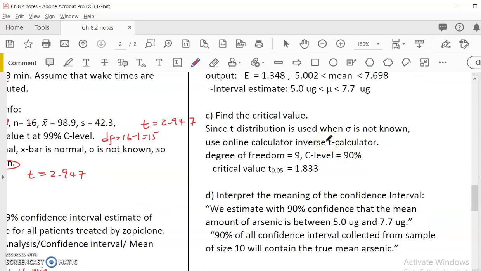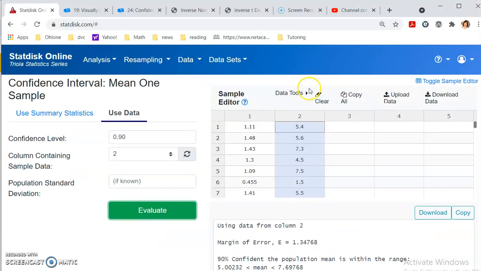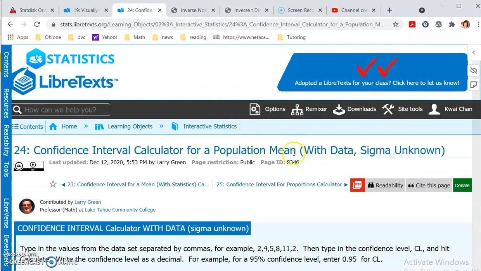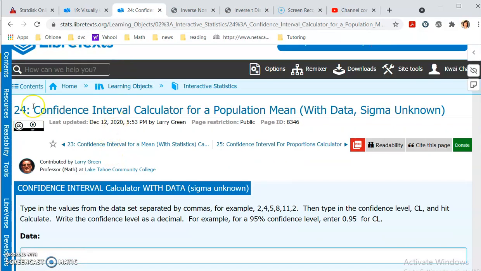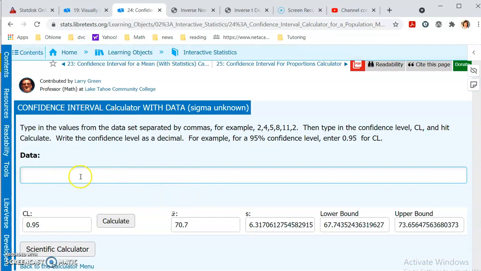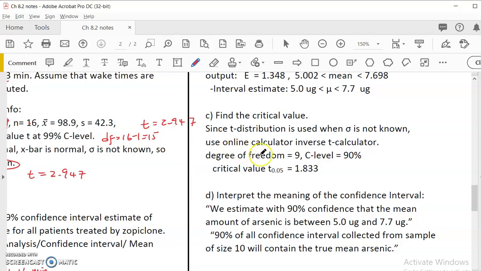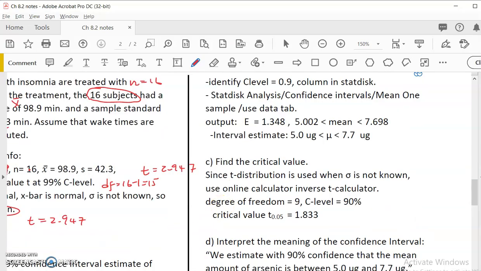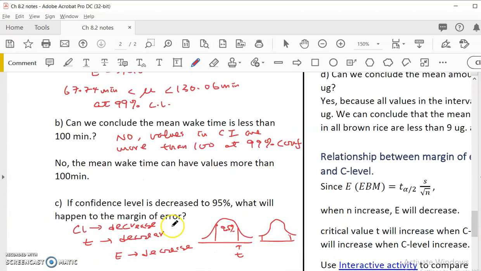Now, in case you don't have the data, you have a comma list. So what can you do? There is another calculator here from LibreTexts: a confidence interval calculator for population mean with data, sigma unknown, and you can just put your data here. So I'm going to try to see if I can copy the data.